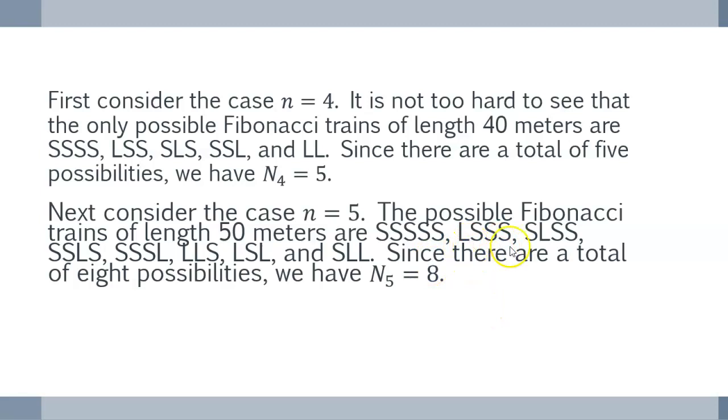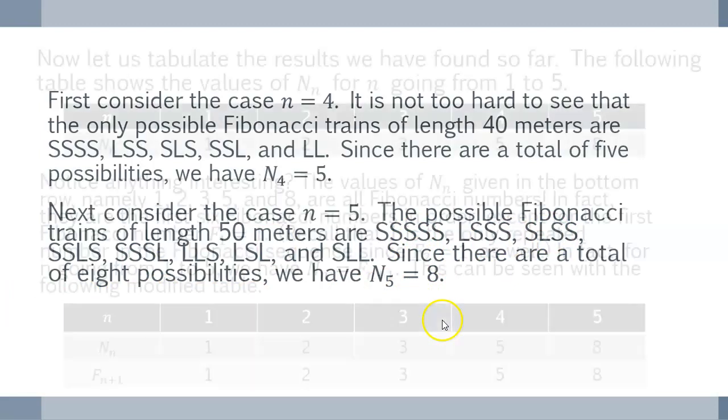The long can be in one of 4 positions: rear, 2 positions in the middle, or front. The other possibility is 2 long cars and a short car, and there are 3 possibilities for that, because the short car can be in any one of 3 positions. So you have 1 plus 4 plus 3, that's 8. So N5 is 8.